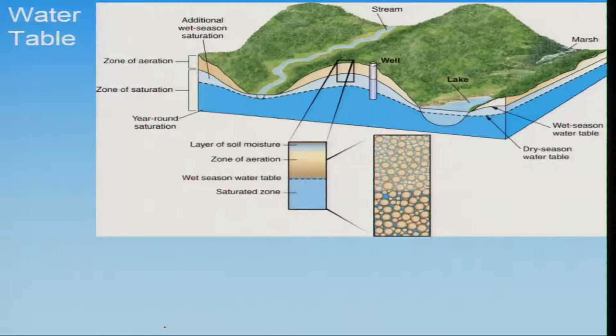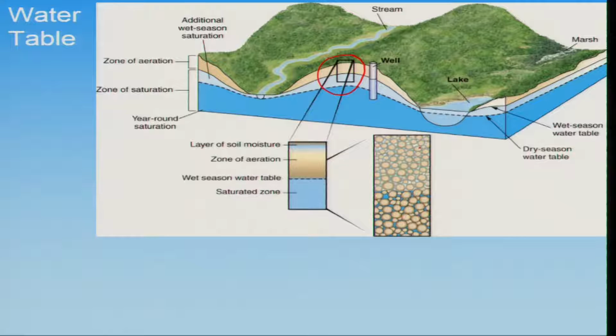So, in terms of the water table first, what exactly is the water table? If we take the section here, we can divide this whole section into the area close to the earth's surface, which has very moist soil, and then the zone of aeration, which is comprised of loose material with open voids.